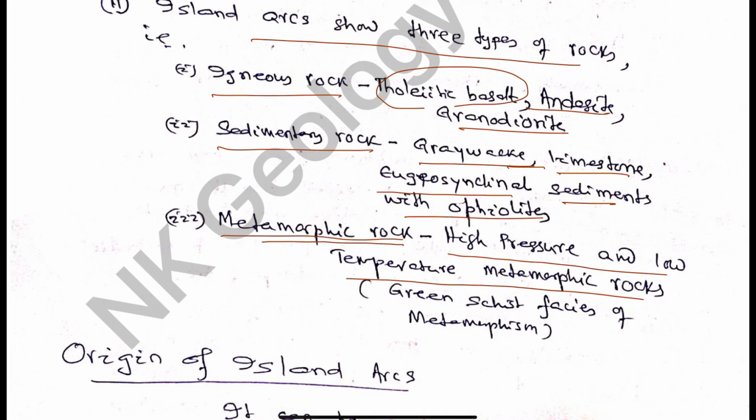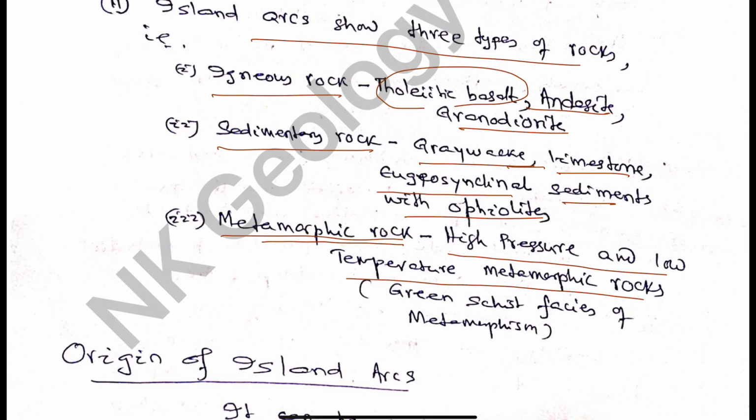Island arcs are the sites where magma erupts in form of lava, and this magma results due to melting of the subducting plate. Subduction takes place with compression of one plate against the other. So near the trench there is prevalence of high pressure and low temperature.